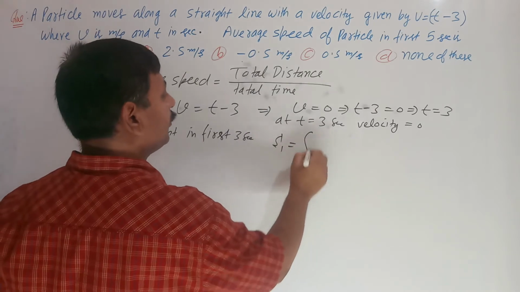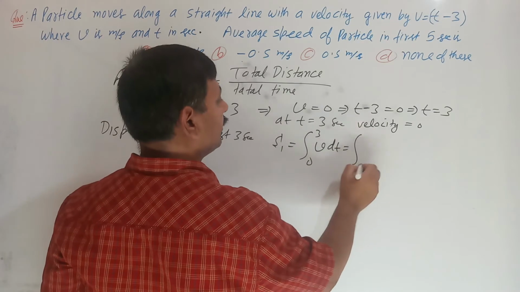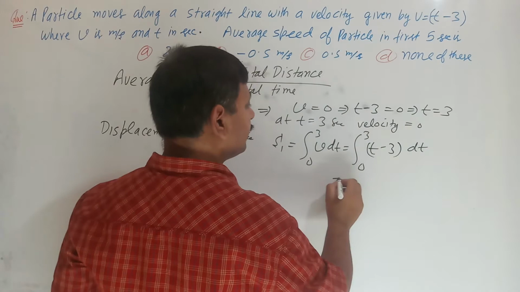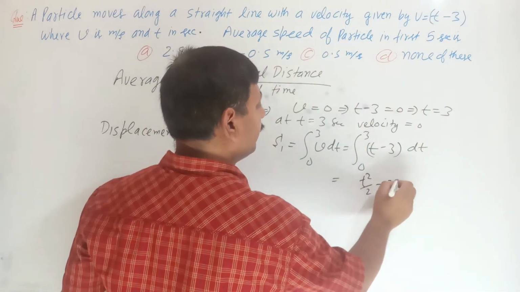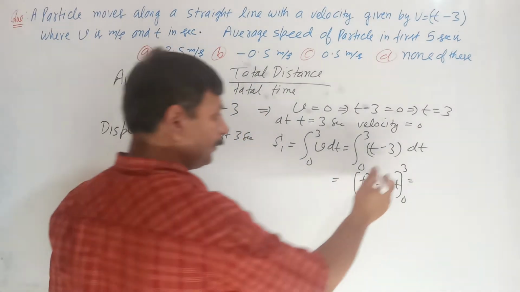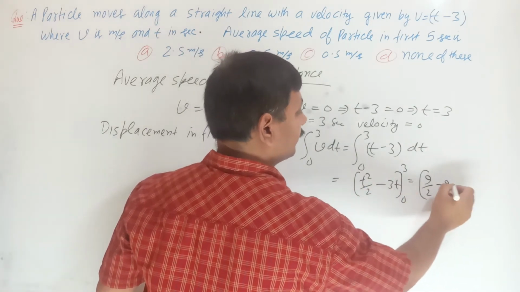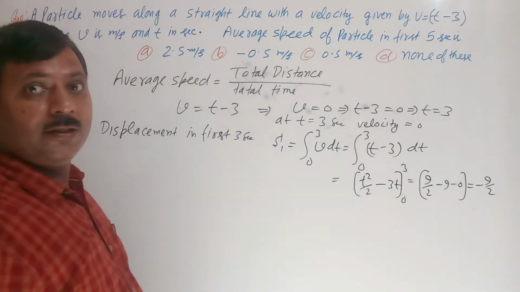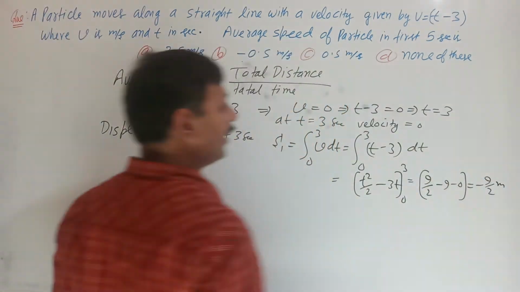S1 is equal to integral from 0 to 3 of v dt, that is 0 to 3 of (t minus 3) dt, the integration of t square upon 2 minus 3t, from 0 to 3. Put here 3 square, 9 by 2 minus 9. This will come minus 9 by 2. So what will be the displacement in the first 3 seconds? This is negative, minus 9 by 2.